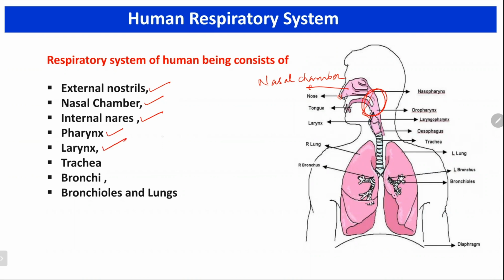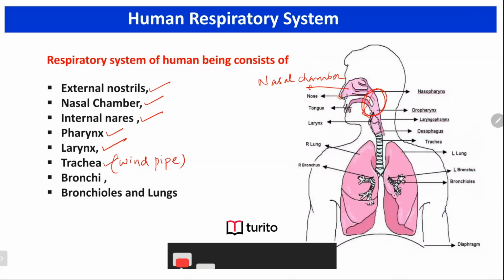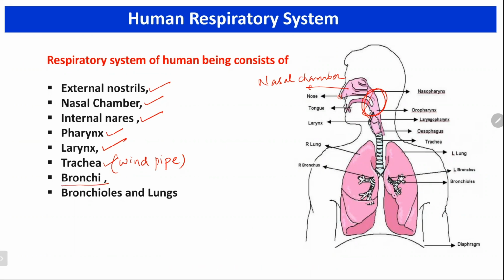Next part of the respiratory system is larynx. And then larynx opens into what? Trachea. Trachea is also called windpipe. So these are the components of human respiratory system. Then you see bronchi. Trachea divides into bronchi.